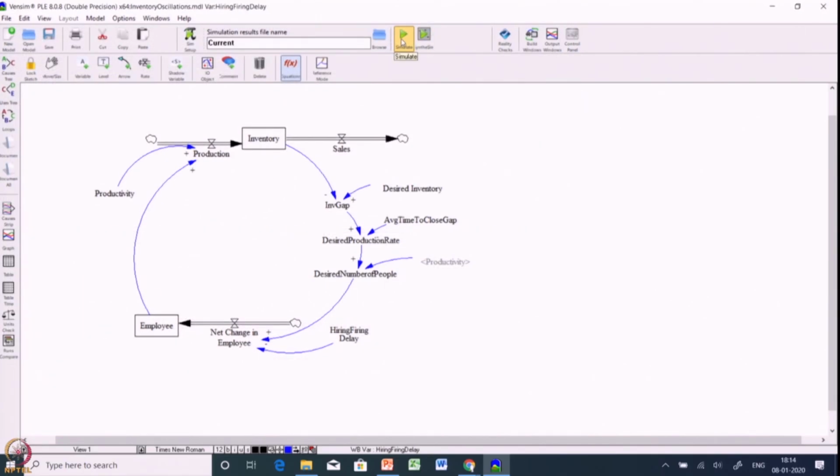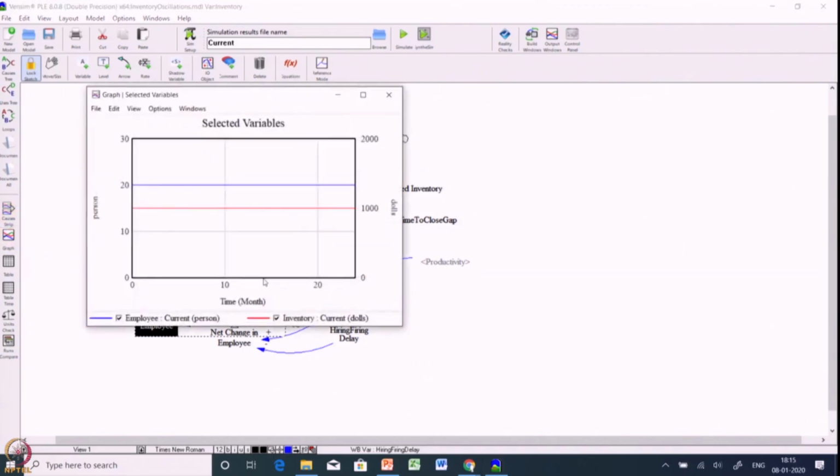Now, if we simulate the model, you can see that the model will be in dynamic equilibrium: the employees, shown by the blue line, are always at 20 and inventory is always at 1000.